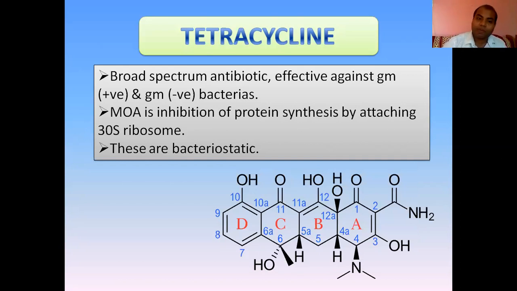This is a broad spectrum antibiotic that is effective against gram positive and gram negative bacteria. And tetracycline attaches to the 30S ribosome, and inhibits protein synthesis by binding to it, whereas erythromycin binds to the 50S ribosome. These are bacteriostatic agents. So this is the introduction about tetracycline.